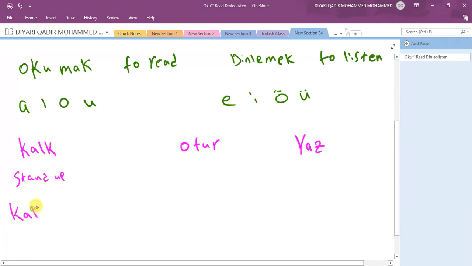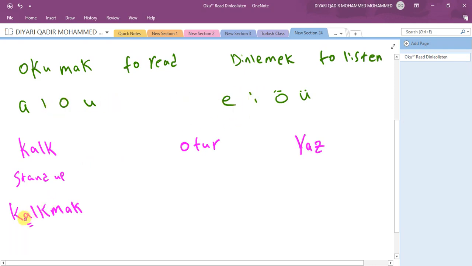Now we use kalkmak. Why? Because we see this a here. These are the consonant letters. We are looking at the vowel. Which vowel came? Either the hard vowel or soft vowel.